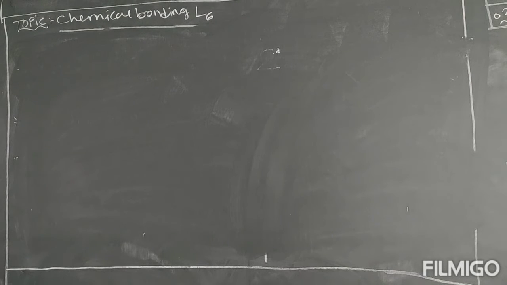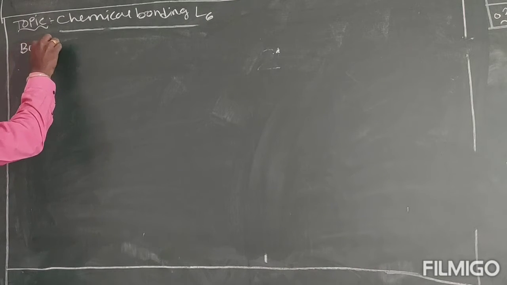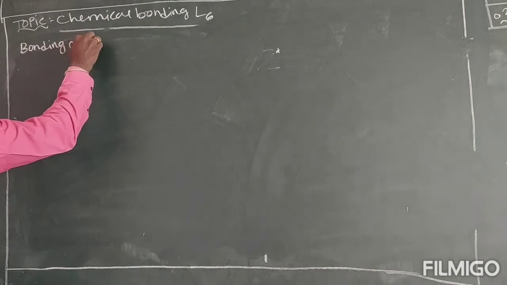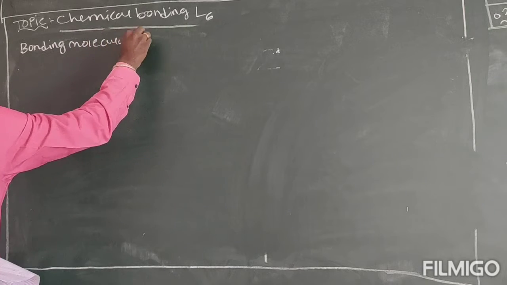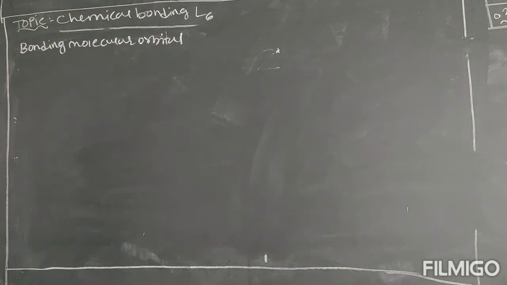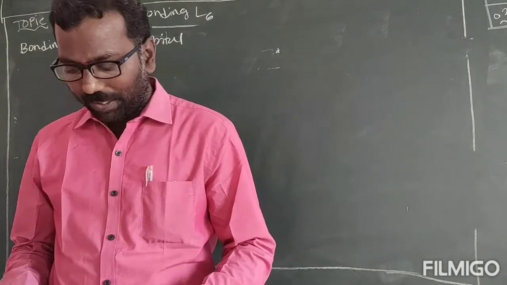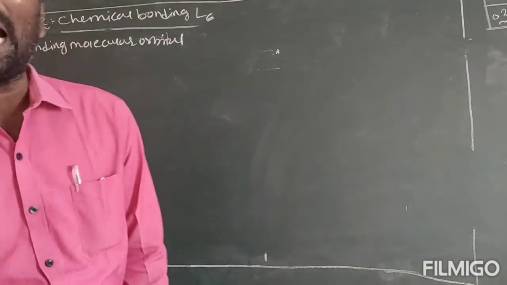First, we will see what a bonding molecular orbital is. Bonding molecular orbitals are formed by the linear combination of two atomic orbitals when their wave functions are added.